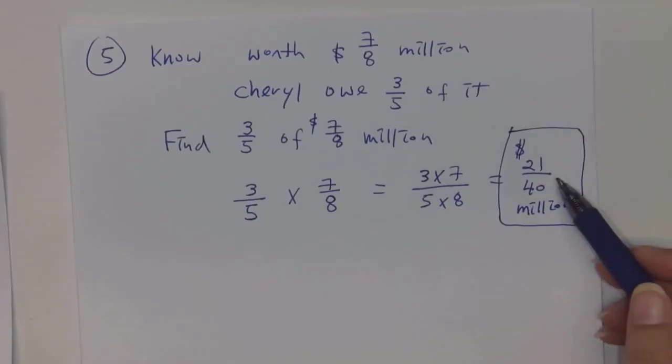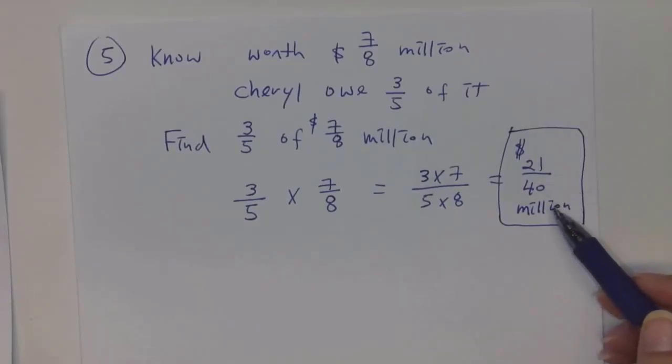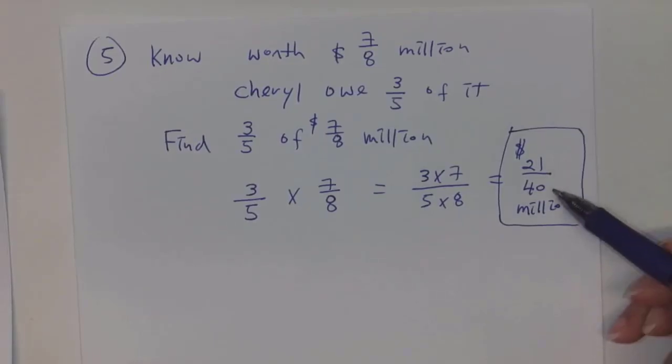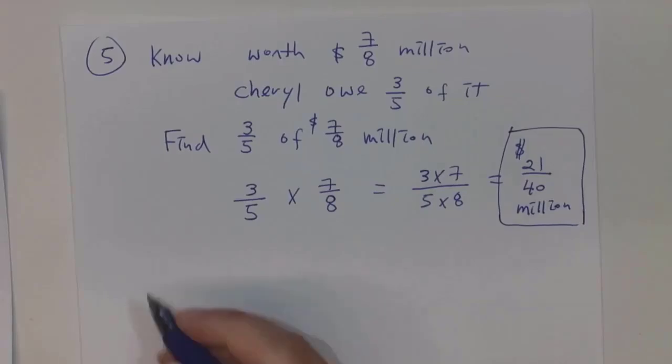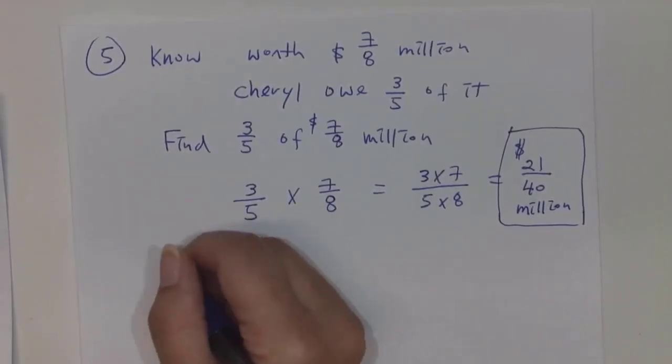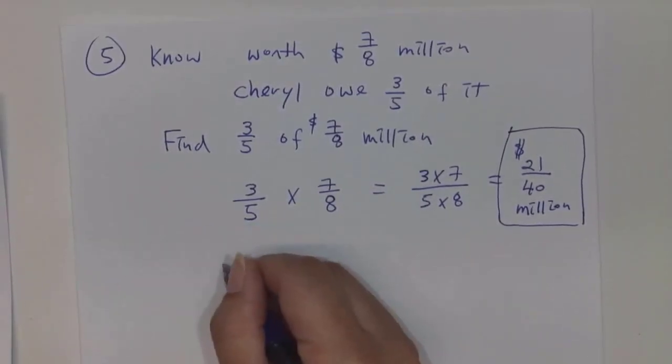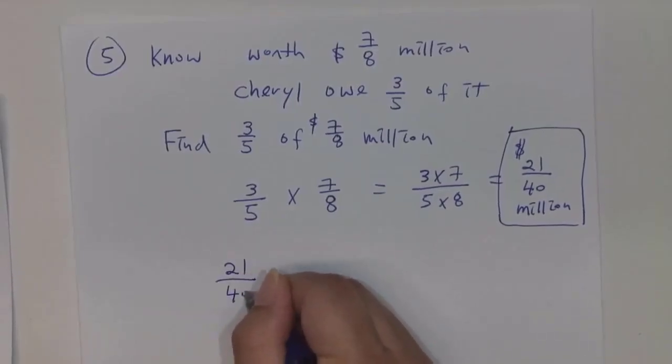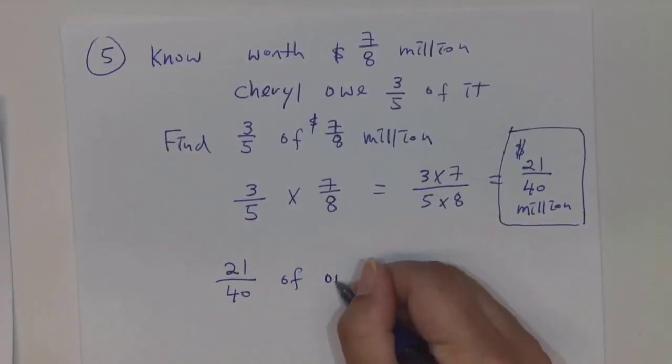This is 21 out of 40 of 1 million, right? So it's close to half of a million, but not exactly half, right? Because 20 out of 40 is half, right? So if I need to find the exact dollar amount, we can do 21/40 of $1 million, right?